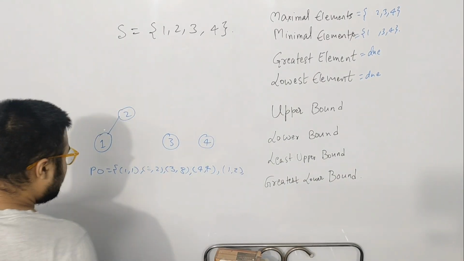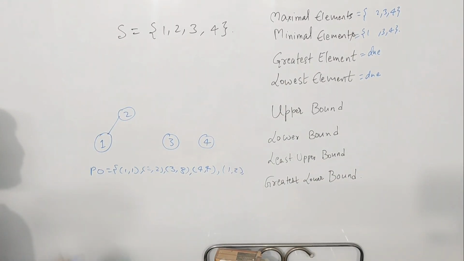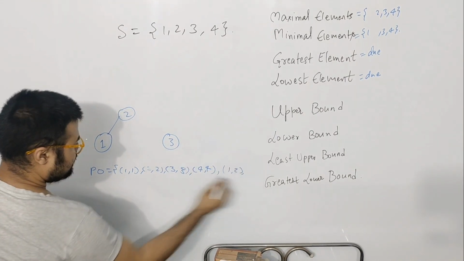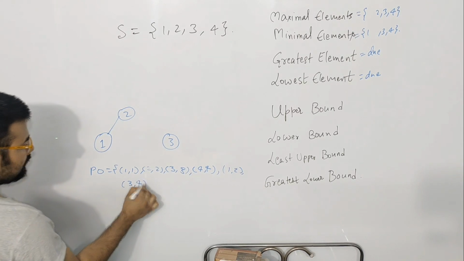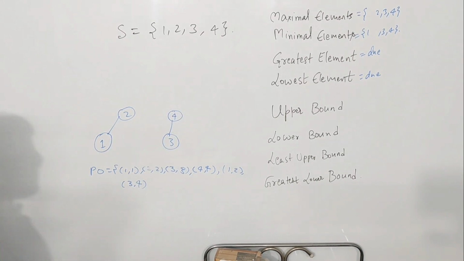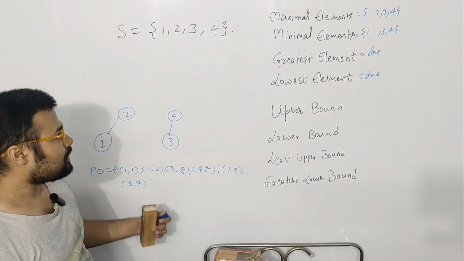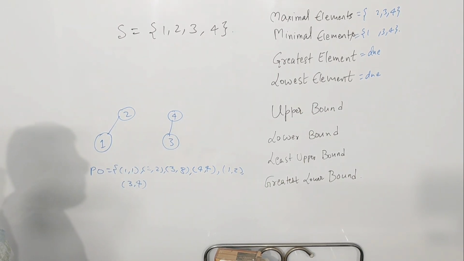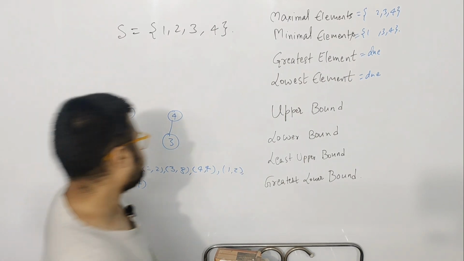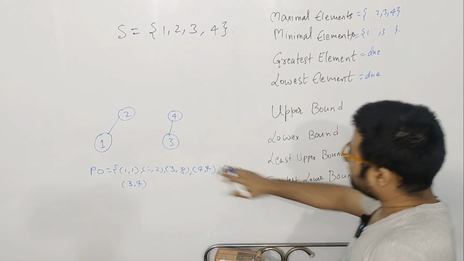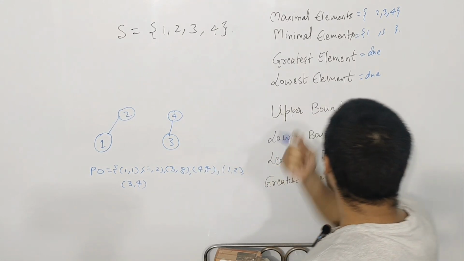Now let's say I add another ordered pair, 3 and 4. If I add 3 and 4, then 4 is no longer a minimal element, and 3 is no longer a maximal element.